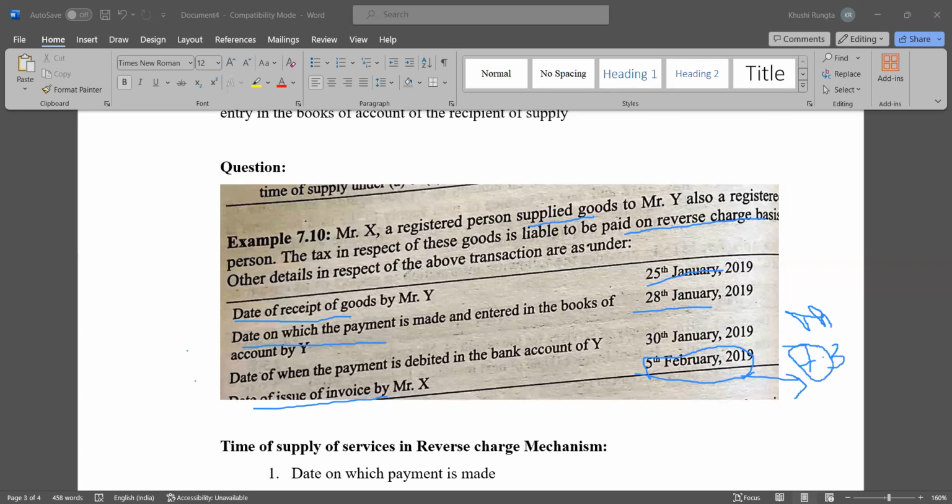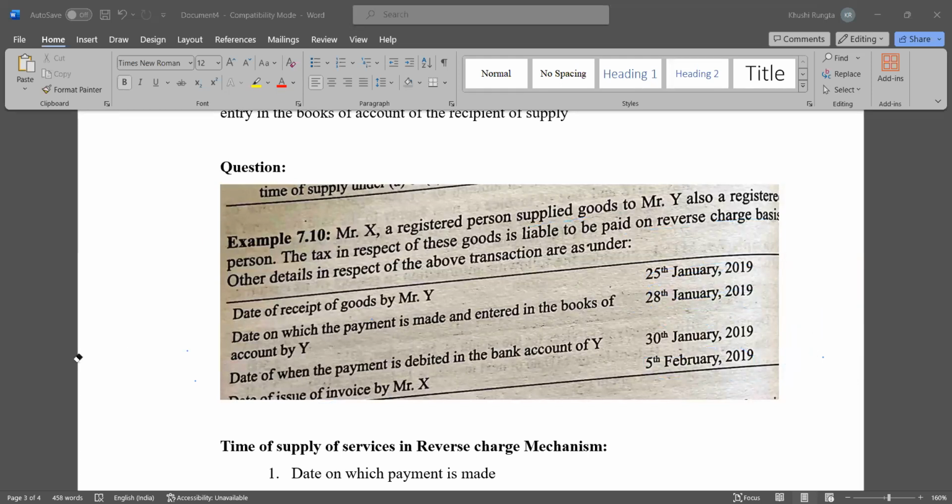So which is earliest? You have to see the date of receipt of goods, the date on which payment is made, or the 30 days date. Which is earliest? 25th, 28th or 7th March? 25th. So the answer is 25th. That's it. It's very simple.